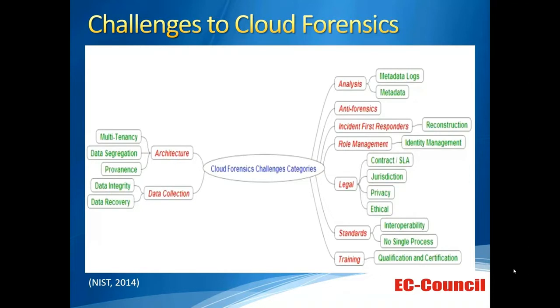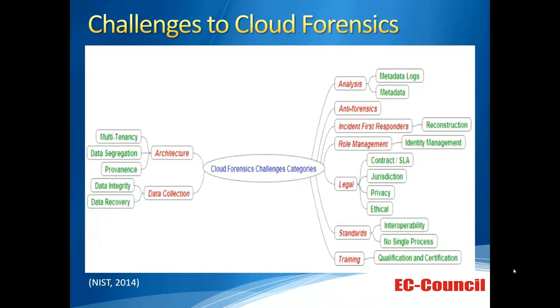Incidents first responders, it has a challenge in terms of their response time and reconstruction. Role management, it's difficult to identify data owners, identity management, user access and controls. Legal is also one of the major challenges due to jurisdictions, laws, service level agreements, contracts, subpoenas, international cooperation, privacy, and ethics.